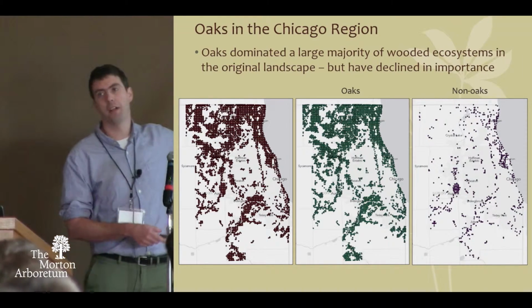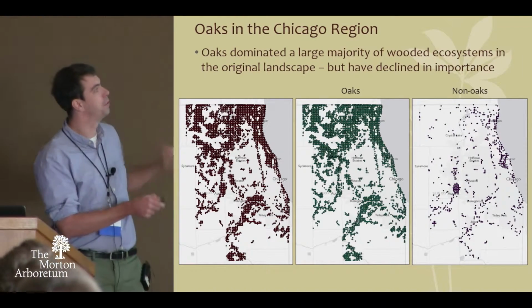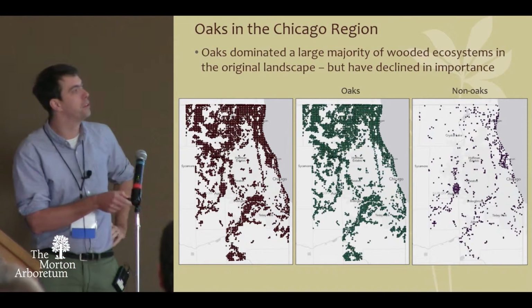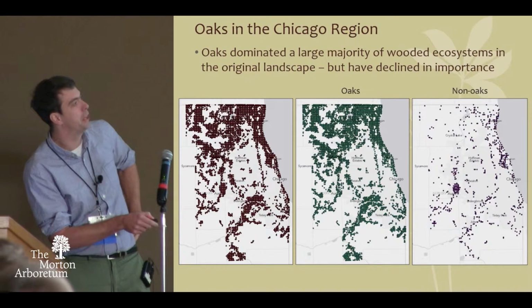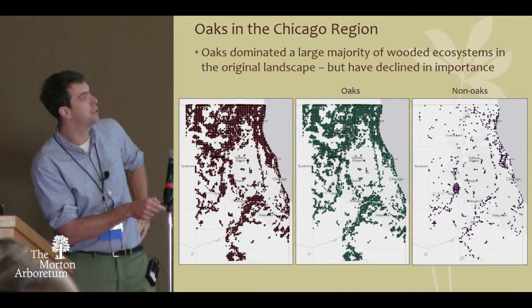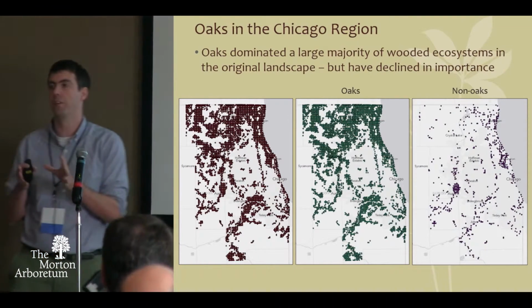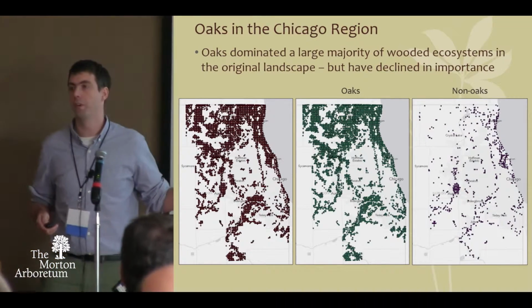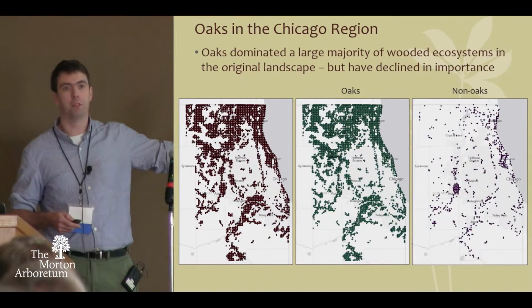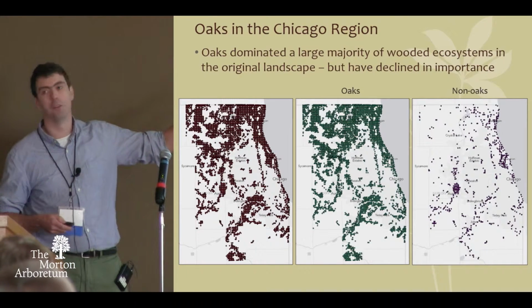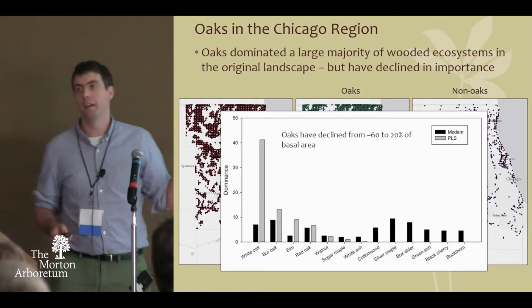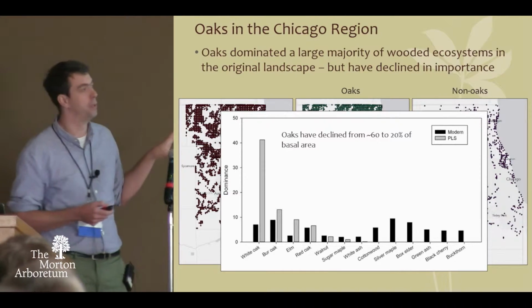You have a really hard time finding one of these forested areas in the pre-settlement landscape that wasn't oak-dominated. There's some here that had a lot of maples, but there's still oaks there, so we still consider them to be oak ecosystems. So pretty much everything here that's a forest at the time of European settlement was an oak ecosystem. But we've lost a lot of that oak dominance from our landscape.